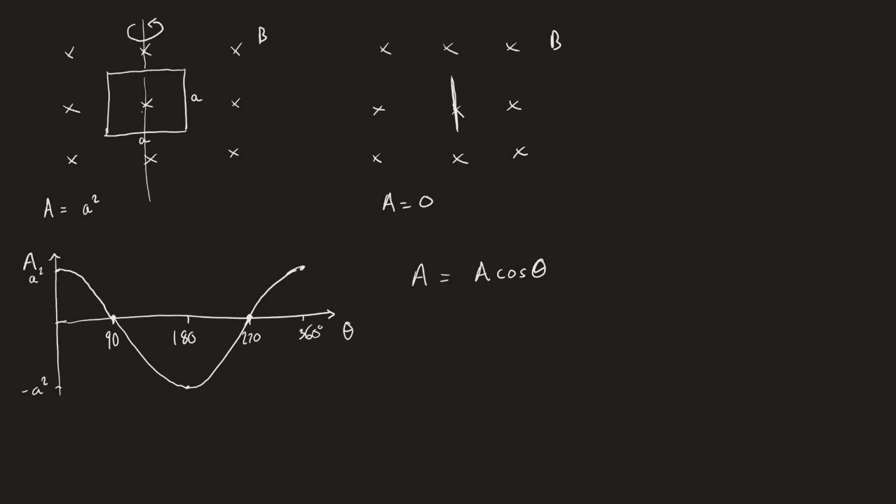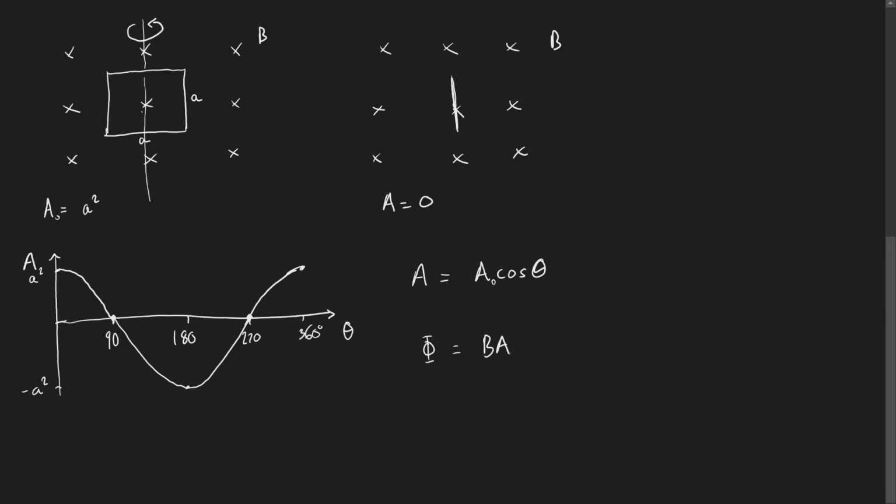And this means that I can go back and say that if the flux itself was just BA, then I could substitute in for this A already. Let me call this A naught for the maximum, so A naught is equal to a squared.